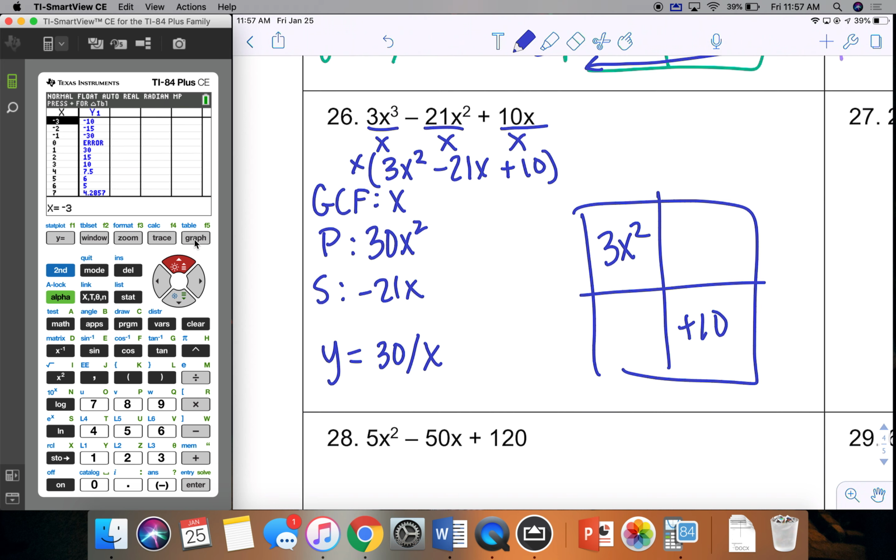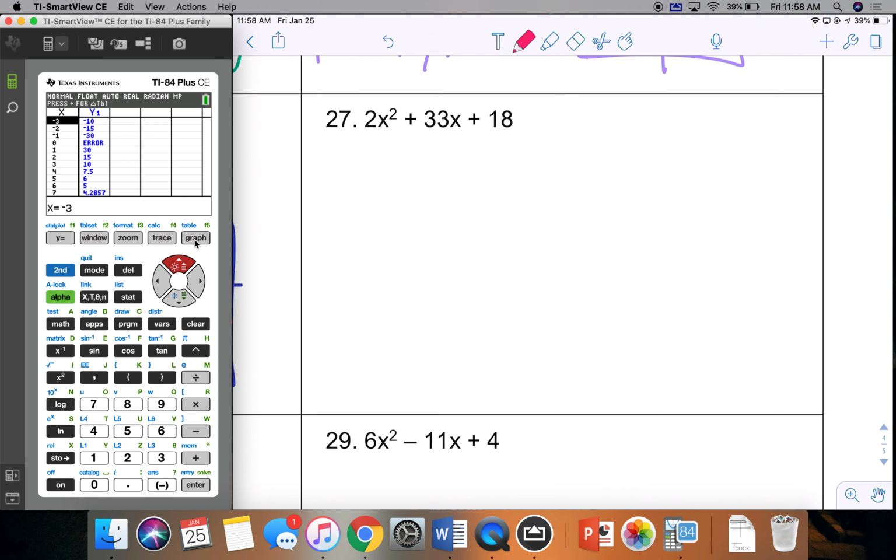But as I'm searching, I'm not really finding any factors. So I'm going to double check that I divided everything correctly and that I took out the correct GCF and make sure I don't have any other issues. But I don't see anything, so this one cannot be factored further, and you don't need the box because there's nothing else you can take out.